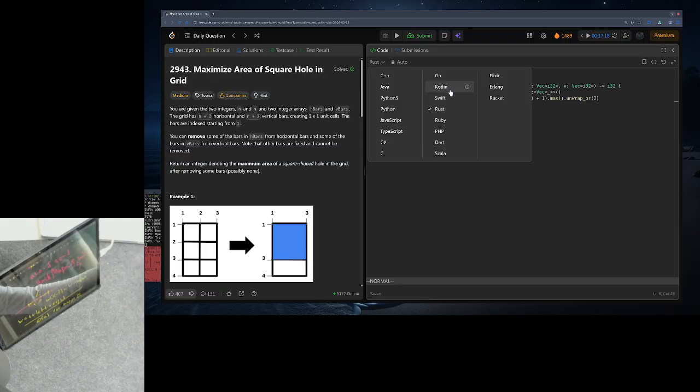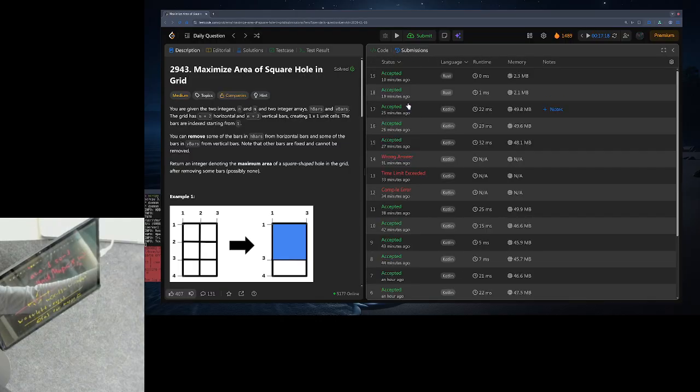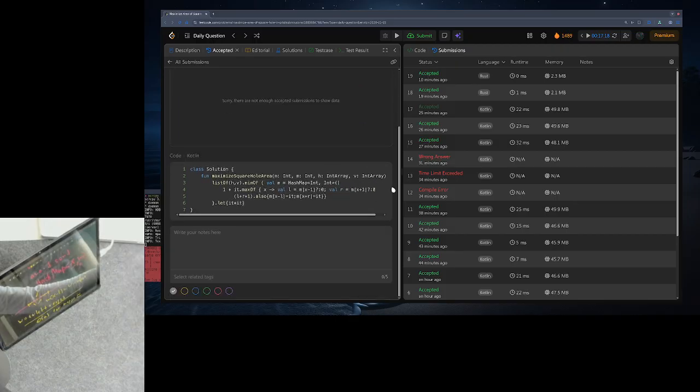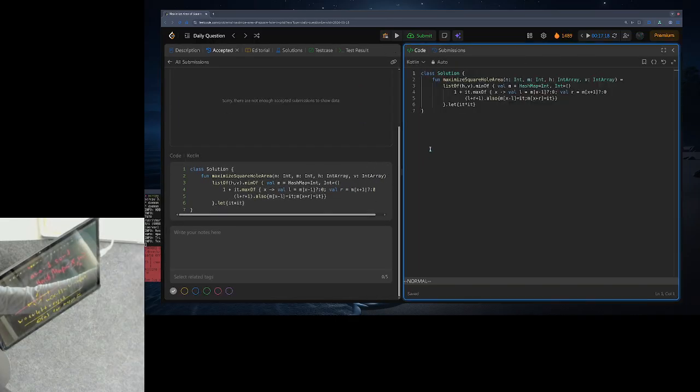Now let's look at the Kotlin golf with hash maps. This is a hash map for the intervals. We are looking for the left of -1 and for the right of +1. And this is the interval length of left plus right +1.